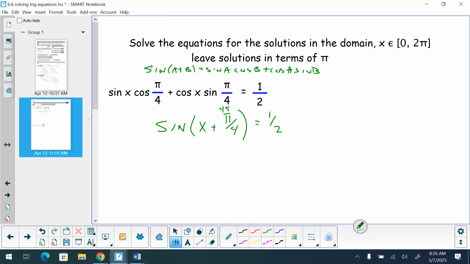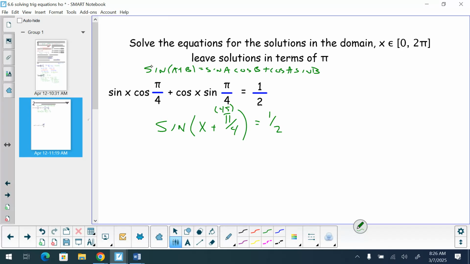Once again, if I want to, I can put this into 45, or I'm going to give you a different alternative for you. To get rid of the sine, we're going to have to take, once again, our inverse sine.